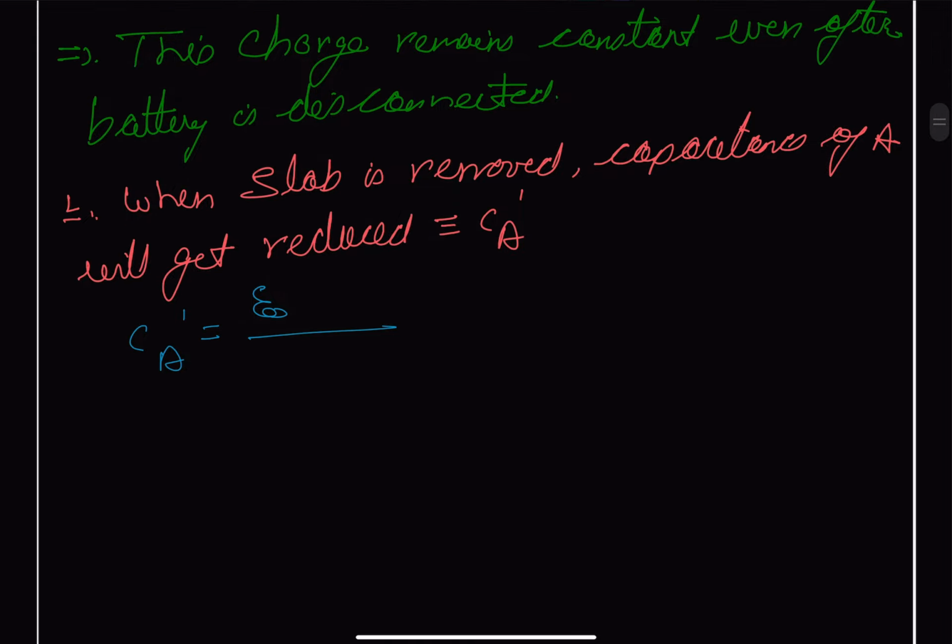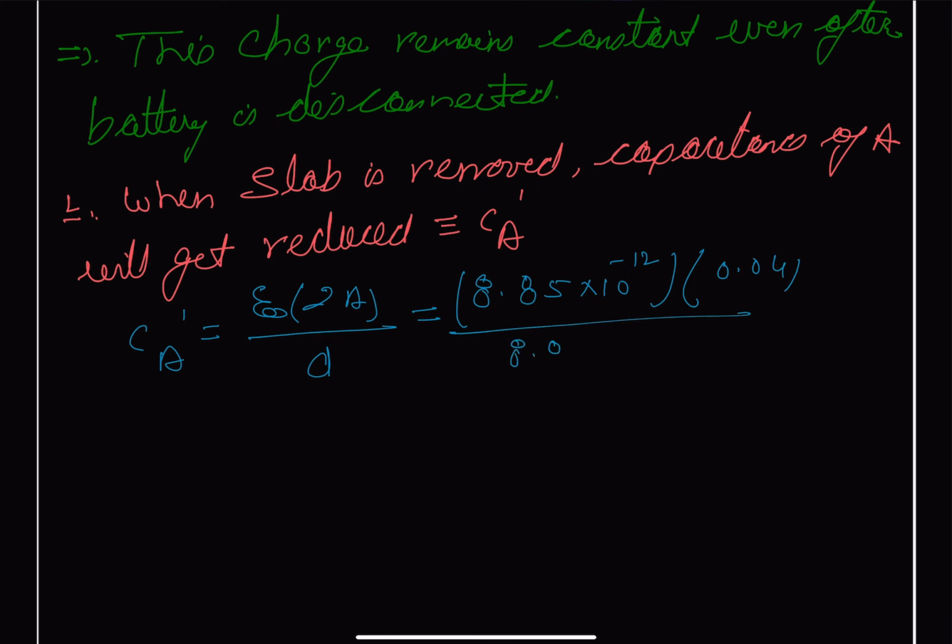And this comes as 2 times A divided by D. So this will be equal to 8.85 into 10 raised to power minus 12, and this comes as 0.04 divided by 8.85 into 10 raised to power minus 4.